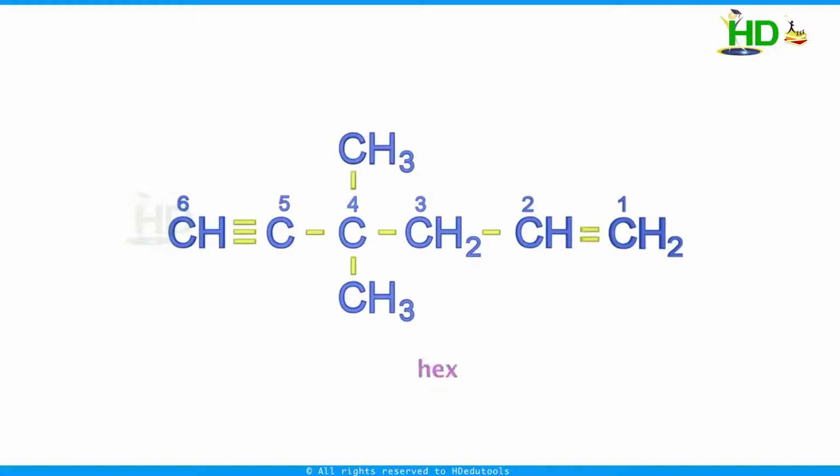The word root is hex. The primary suffix is related to the double bond as well as the triple bond, and the prefix is related to the position of these side chains. Now here, 4,4-dimethyl 1-hexene 5-yne. This is the name of the compound.